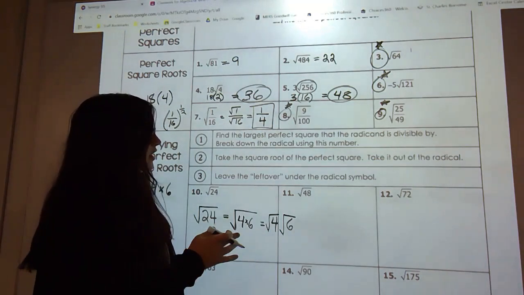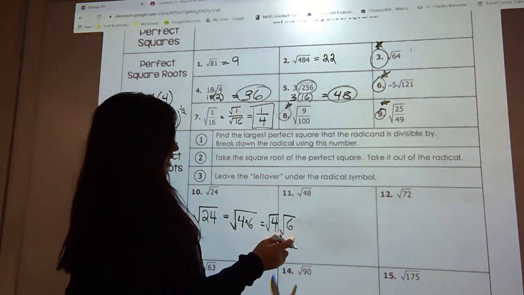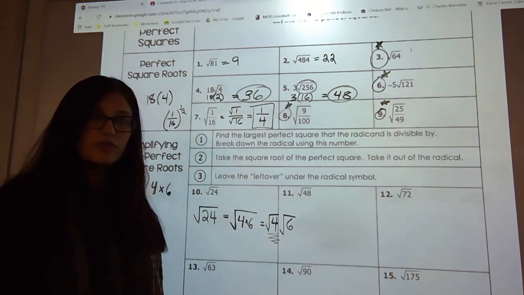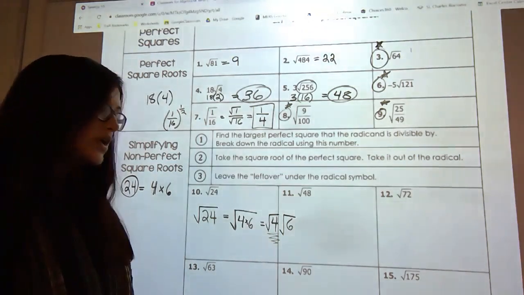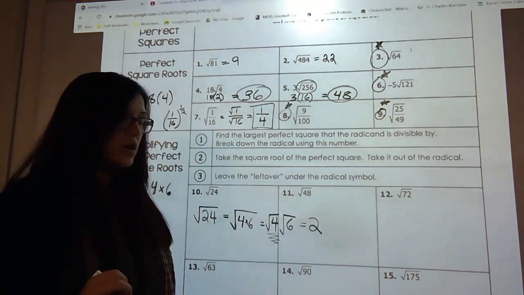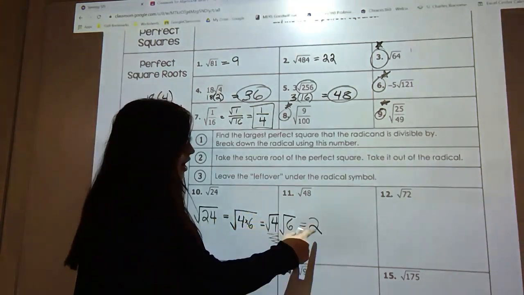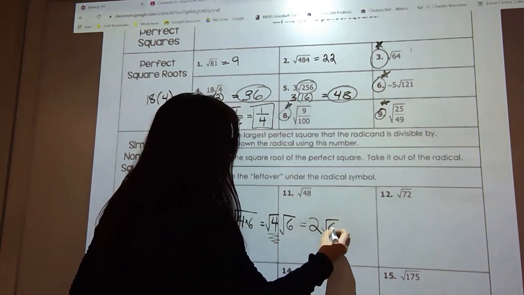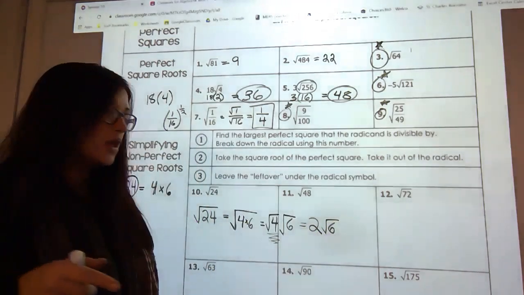What is this going to do to help me? Well, I can simplify the square root of 4. What times what equals 4? 2 times 2 equals 4. So instead of writing the square root of 4, I get to write 2. Now, granted, I still don't know what the square root of 6 is.